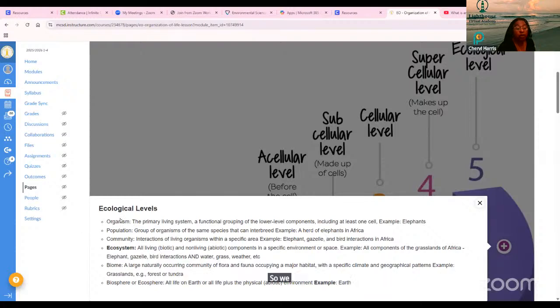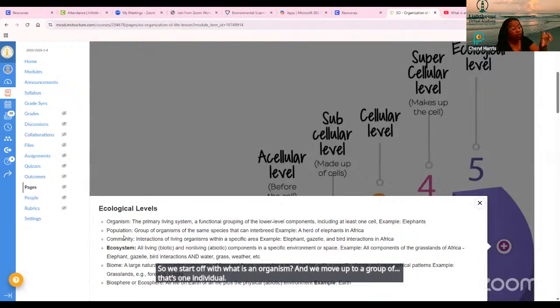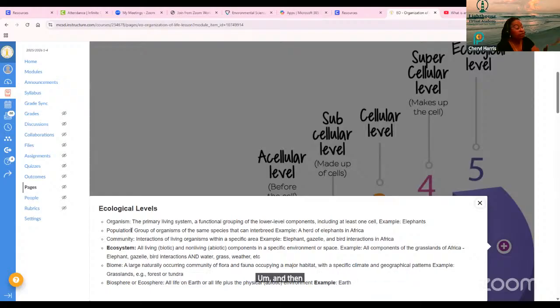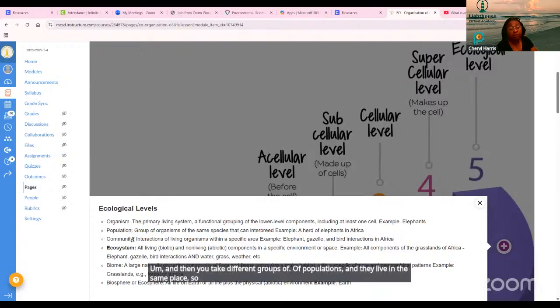So we start off with what is an organism, and we move up from one individual to a group of the same kind of individuals. And again, they can be plant or animal, but they're living things, not non-living things. Then you take different groups of populations that live in the same place. That's a community.